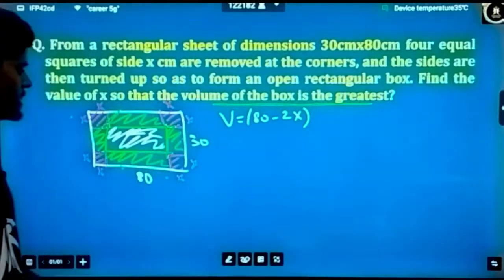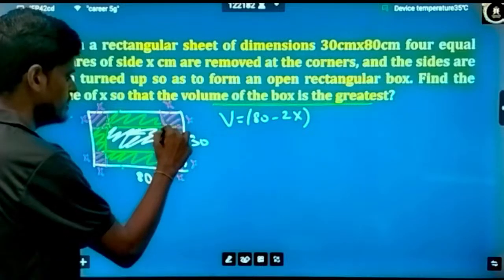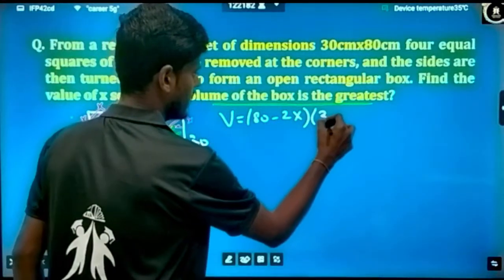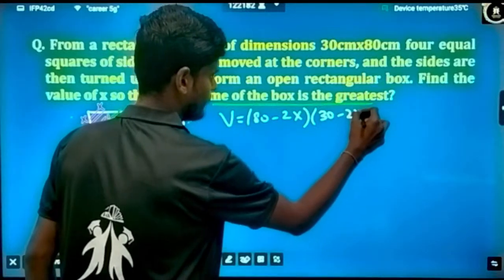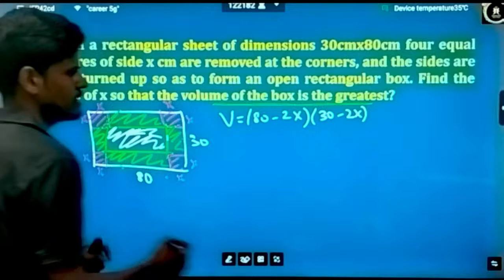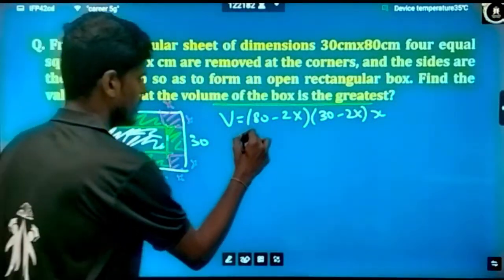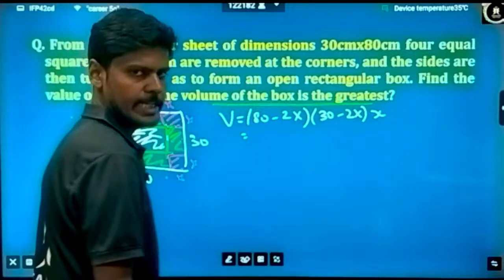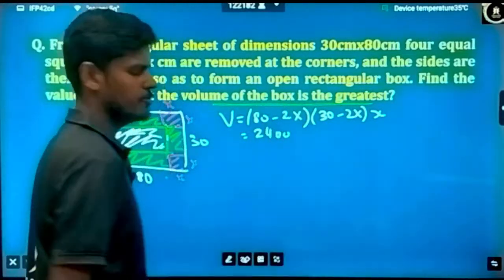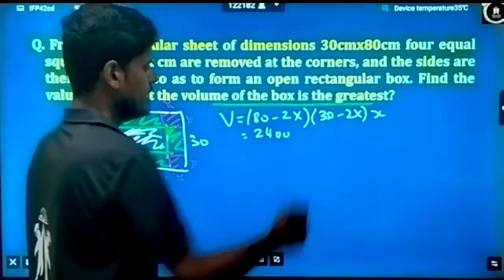80 minus 2x. And what about this region? Again we will only have this portion. So that will be 30 minus 2x, into 30 minus 2x, into, what is the height? Height will be x. Now what is the volume of this? 80 into 30, 8 3s are 24, 2400. 30 into minus 2, minus 60.